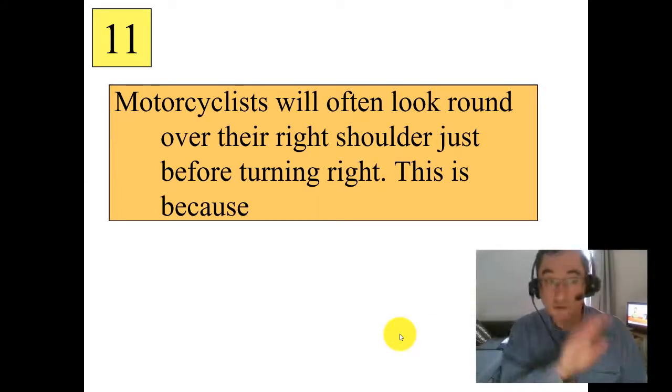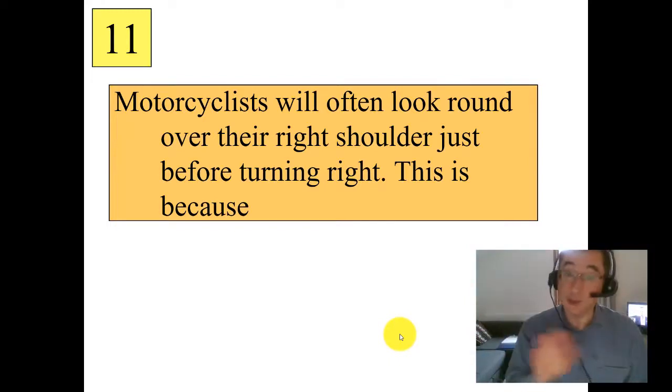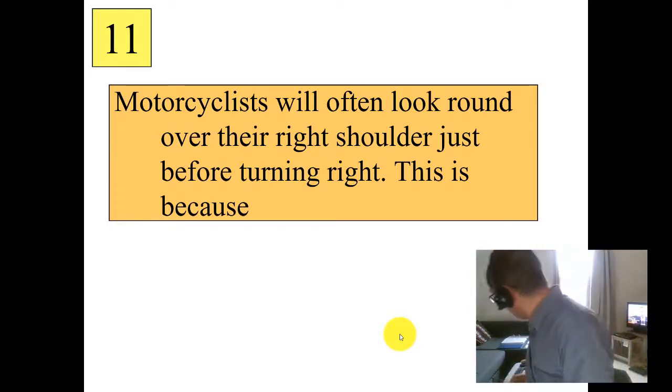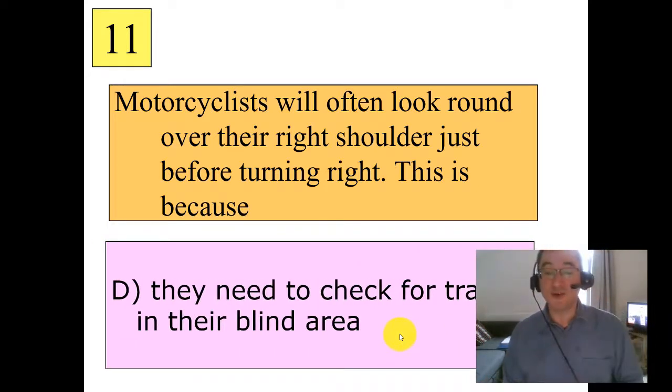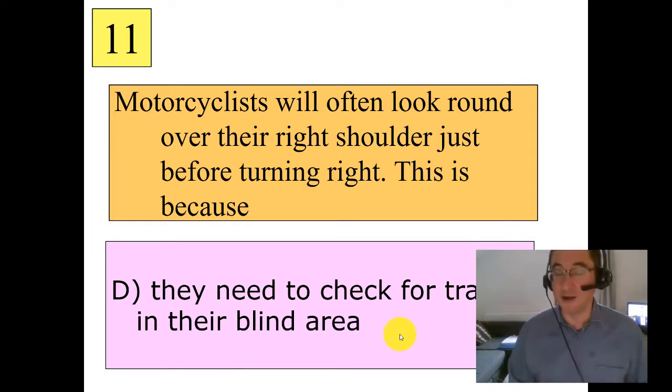Motorcyclists will often look around just over their right shoulder just before turning right, and this is because they need to check for traffic in their blind area, the area they can't see. Remember, blind spot, blind area, an area that you can't see properly.